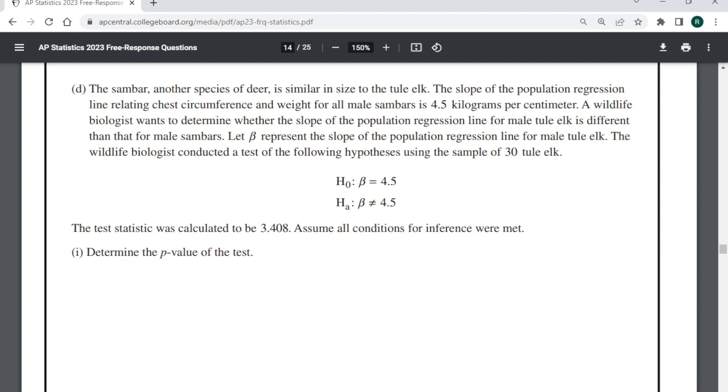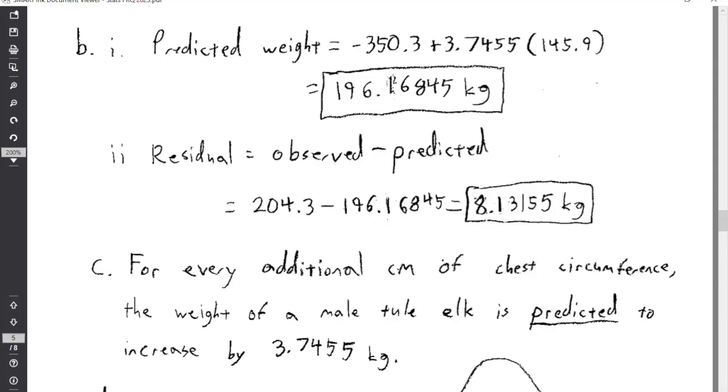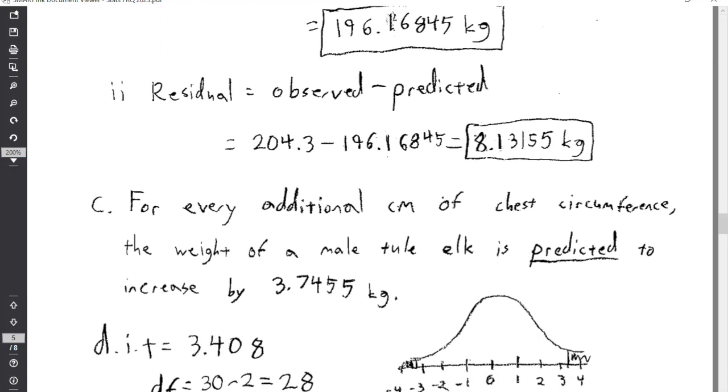So in order to get the p-value, that is a t-score, because this is a t-test. And remember that in these t-tests, the degrees of freedom should be n minus 2. So our degrees of freedom in this situation would be 30 minus 2, which is 28.